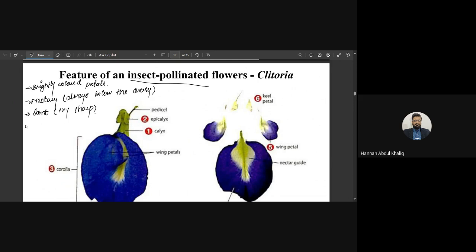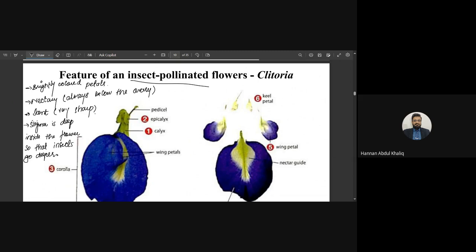Another very important feature: their stigma is deep inside the flower, so that insects go deeper. So these four are very important points of an insect pollinated flower.